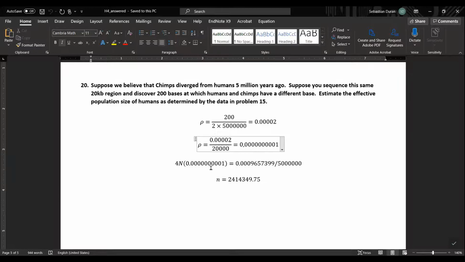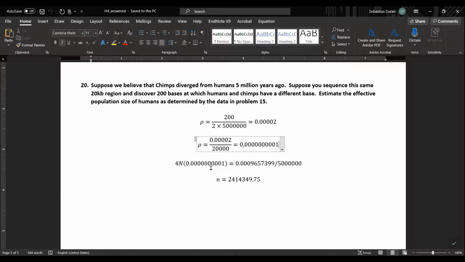And so this is the rate of evolution, which under the neutral model is also the rate of mutation. So right here, this line of rho equals says our estimate of the mutation rate per site per year is 10 to the minus 9th.